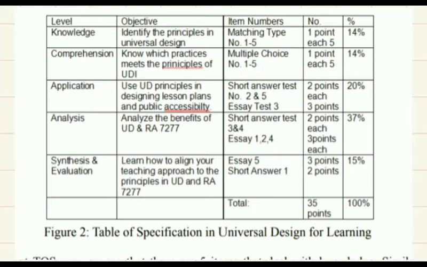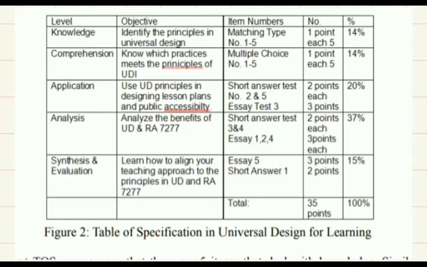And in comprehension, just the same with knowledge, it has a multiple choice type of test, numbers 1 to 5. Each number has 1 point with a total of 5 points, and we have to divide it again by 35 and multiply it by 100. Then we get 14% total. So in application, it has the short answer kind of test, and the test can be found in number 2 and number 5.